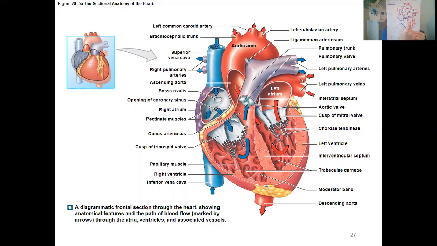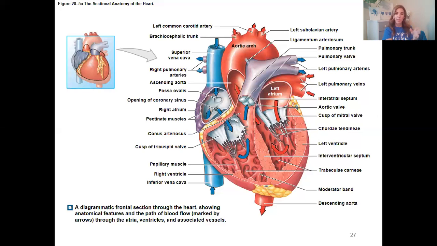From the left ventricle, the blood is going to push back up superiorly into the aortic semilunar valve. From the aortic semilunar valve, go into the ascending aorta, into the aortic arch, descending, aka thoracic aorta, and then down past the diaphragm, we'll call it the abdominal aorta. At L4, we'll call it the common iliac artery. So that is how blood is going to flow through.